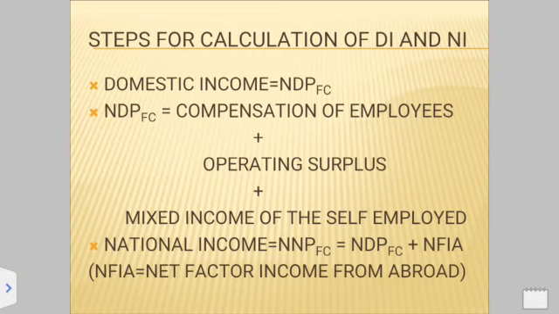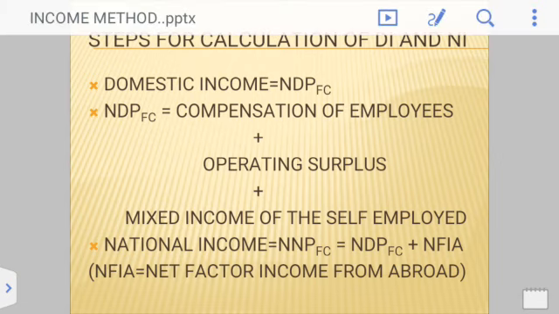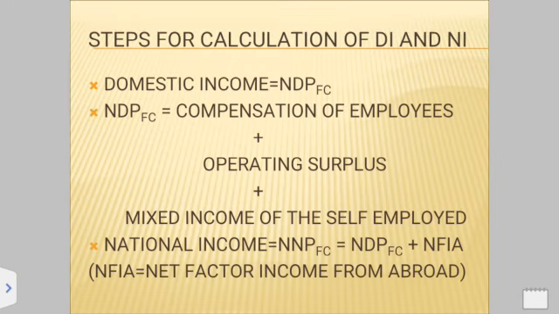Sometimes under the income method the question may ask you to calculate GDP or GNP or whatever, but the first thing you have to reach is domestic income. If the question is to calculate using the income method, the first aggregate that you calculate is net domestic product at factor cost. Calculate this first, and from this concept you can reach any other aggregate that is asked in the question.